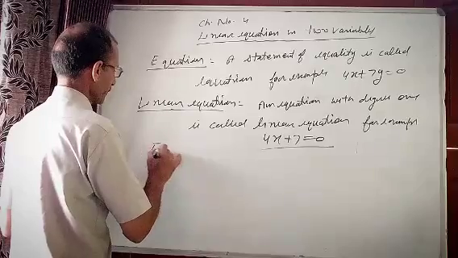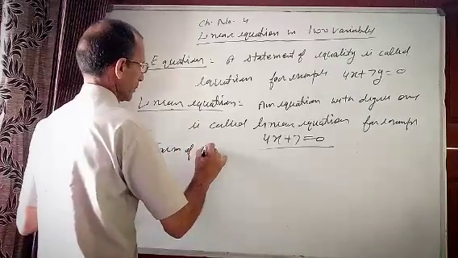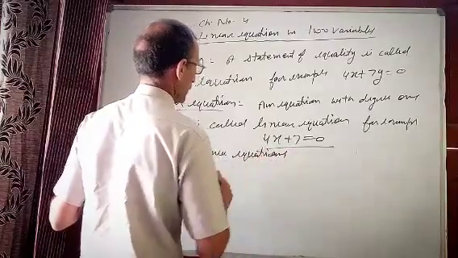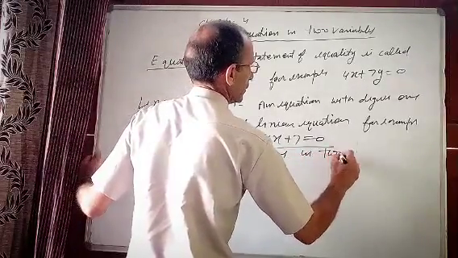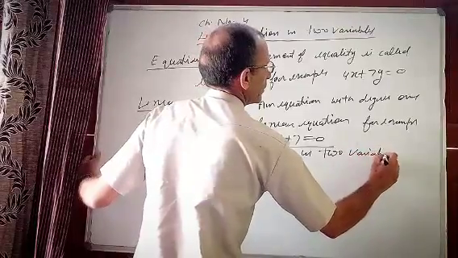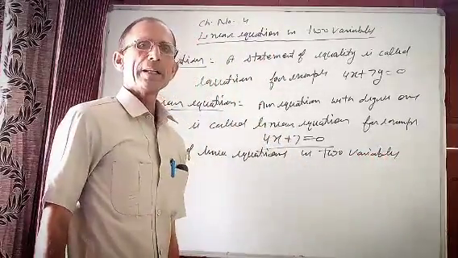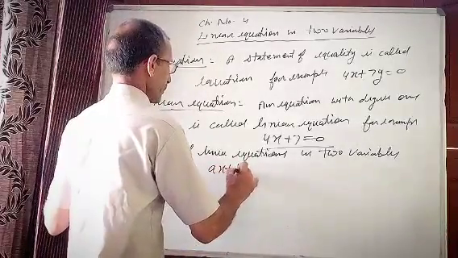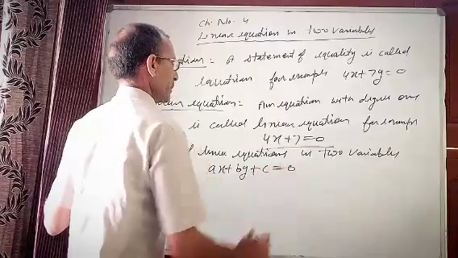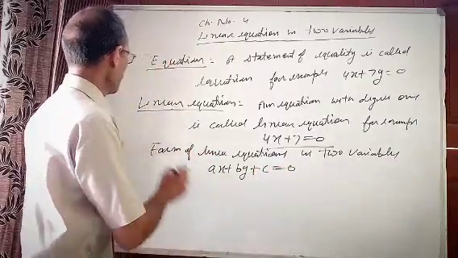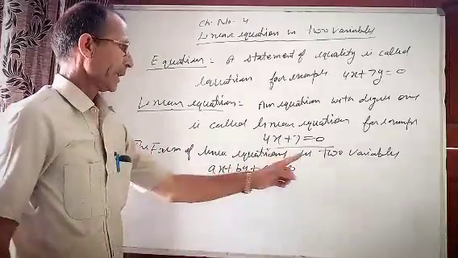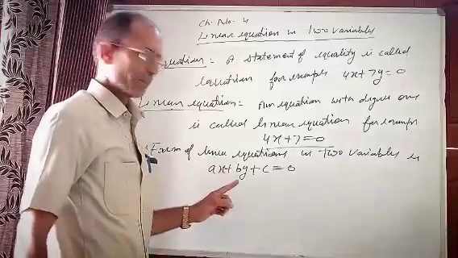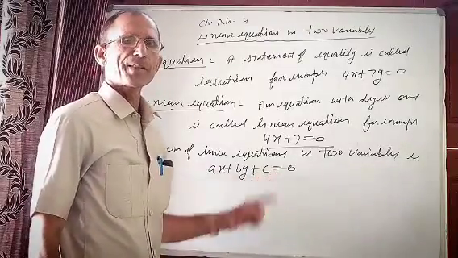The form of a linear equation in two variables is ax plus by plus c is equal to 0.